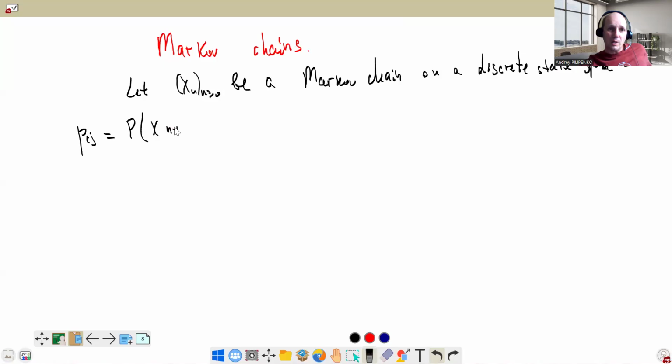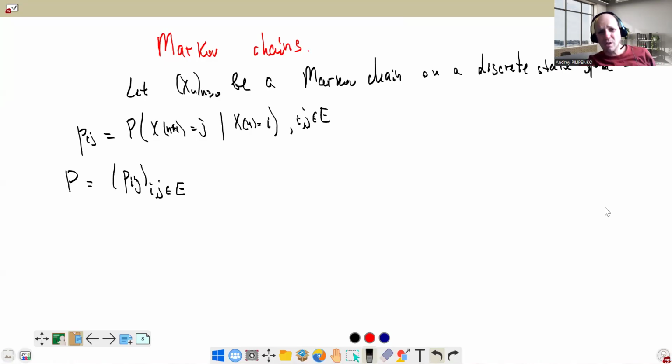This is the probability that the Markov chain jumps to j, given that Xn is i, with i, j in E, and P be a transition probability matrix. So usually E will be 0, 1 to M, or 1 to M, or maybe natural numbers, or maybe integers. Just normal state spaces.